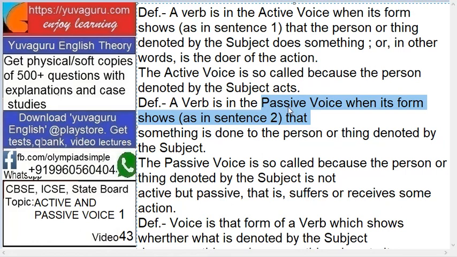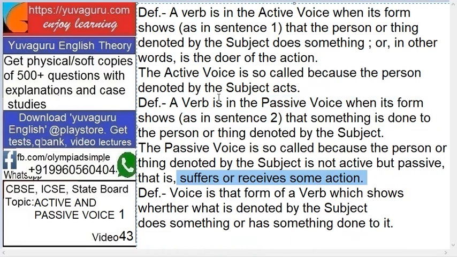Means what? Hari is helped by Rama, so something is done to Hari. So the passive voice is so called. Means why is it called passive? Because the person or thing denoted by the subject is not active but passive.